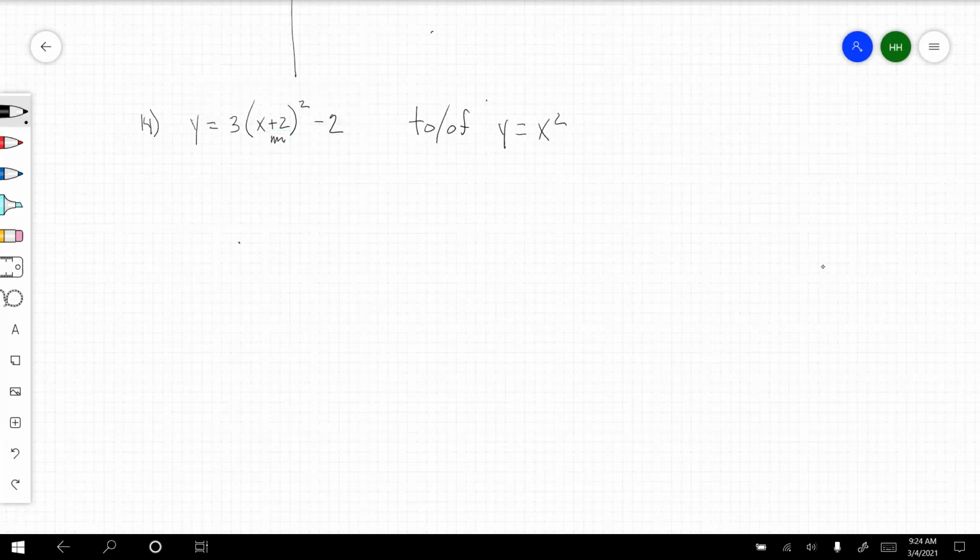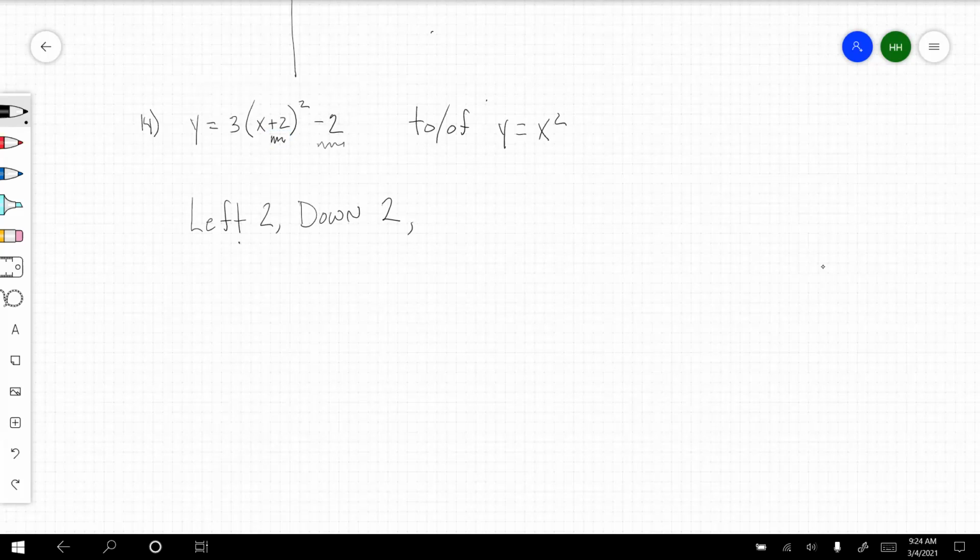So this thing's got to get translated the opposite of what's in there. So it's got to go left 2. Outside the parentheses, moves it up or down. So this has to go down 2.